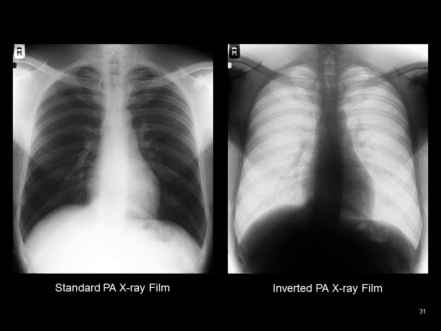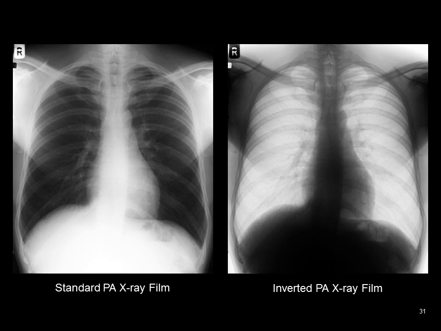This is an example of a standard PA chest film obtained from a patient. The difference in the film on the left versus the film shown on the right: same patient, same film, but on the right the contrast has been inverted.